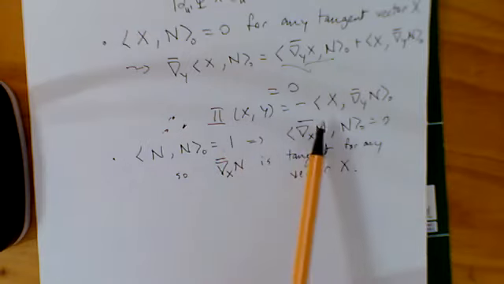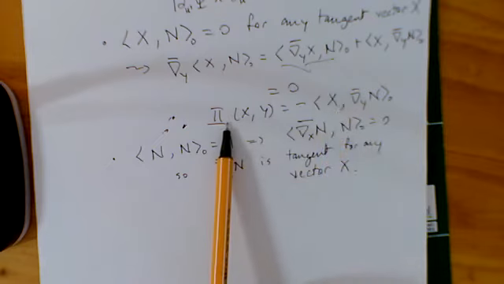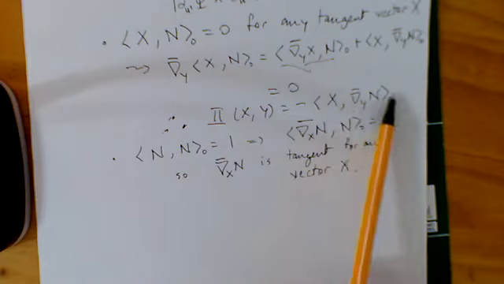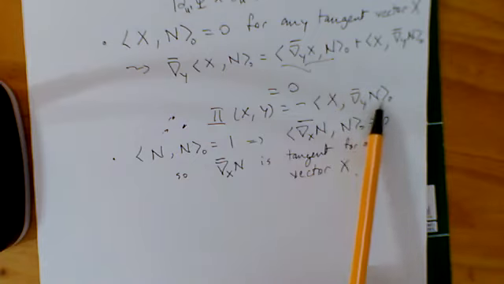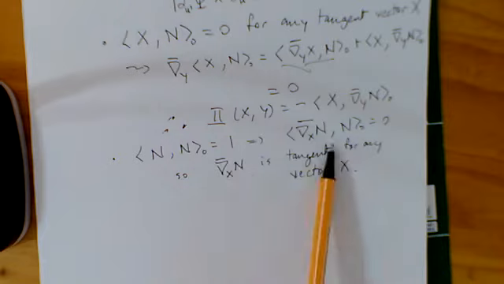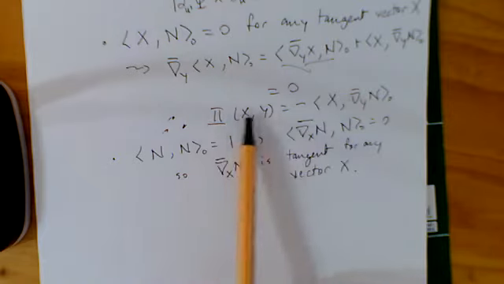And so in a way, what does this tell you? This tells you, first of all, the second fundamental form is, up to a sign, the tangent component of the gradient of the normal map. But we also conclude that the gradient of the normal map is entirely tangent to the surface. So actually, the second fundamental form gives you all the information of the derivative of the normal map.